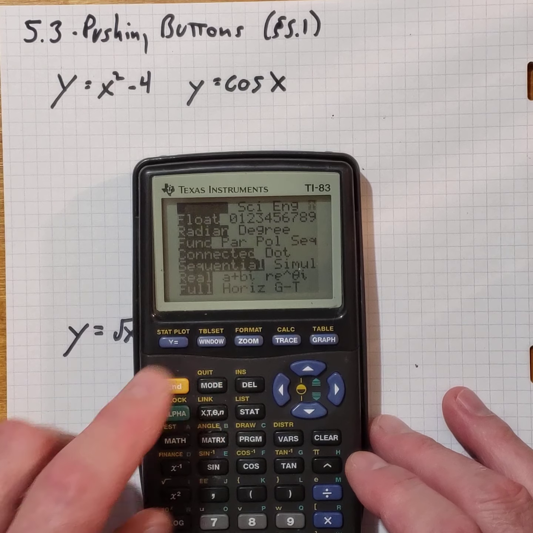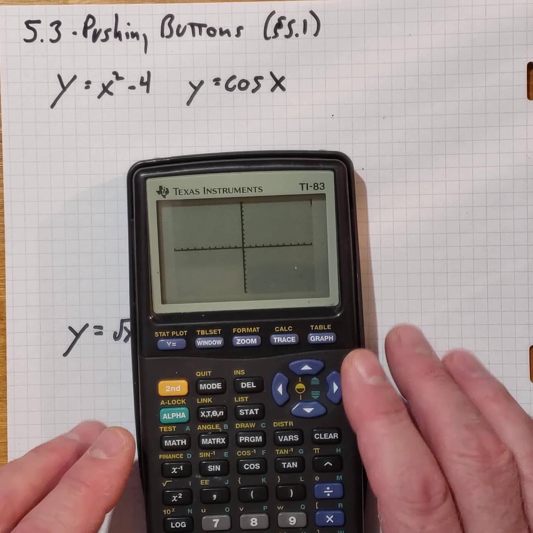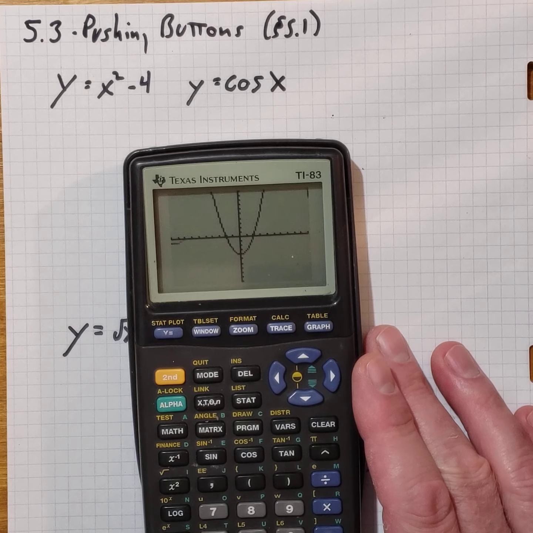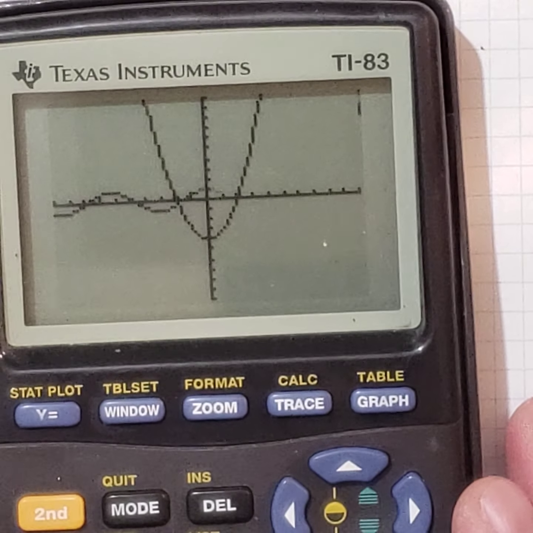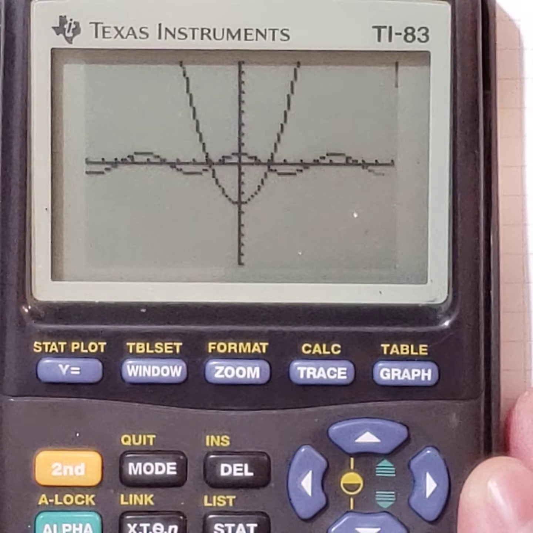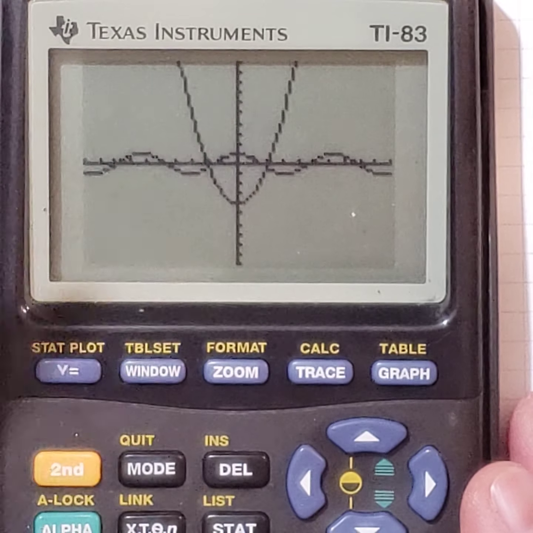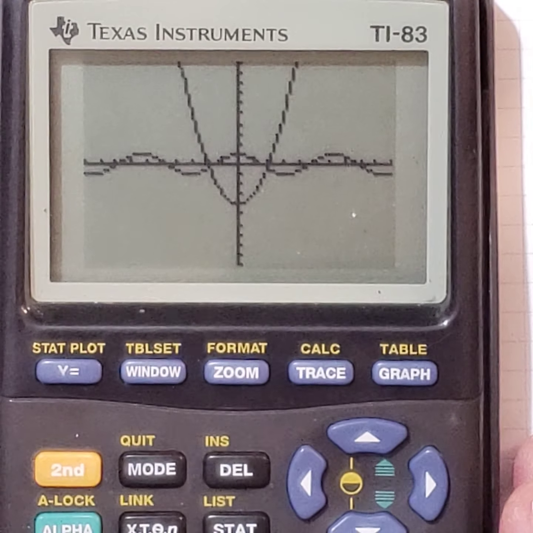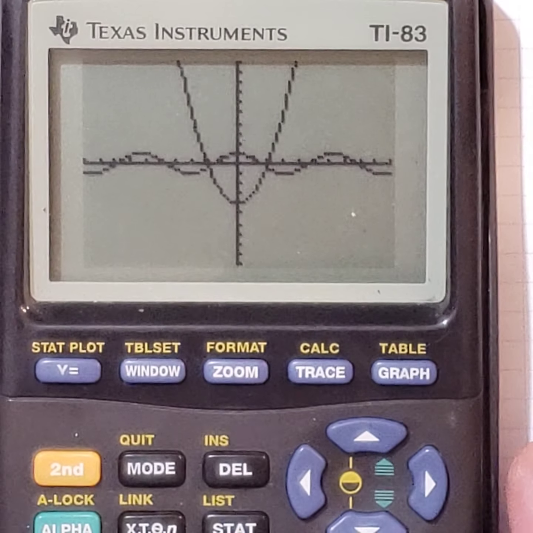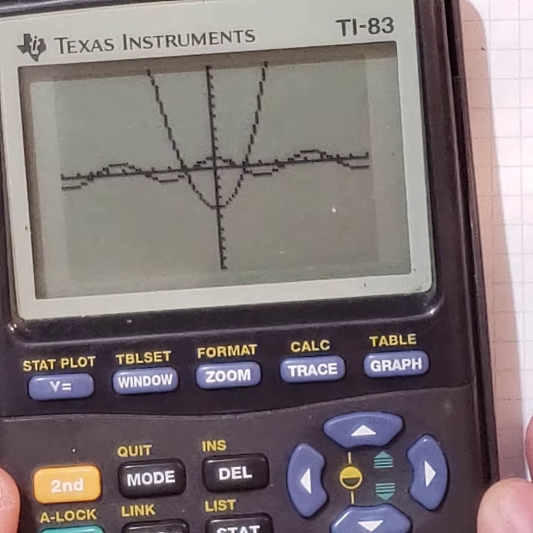And I am. All right, if we look at a graph of these two curves, let me zoom in on the screen a little better. Okay, we can see that they intersect at some point there and some point there, somewhere near positive and negative 2, but not exactly. So let's find that.